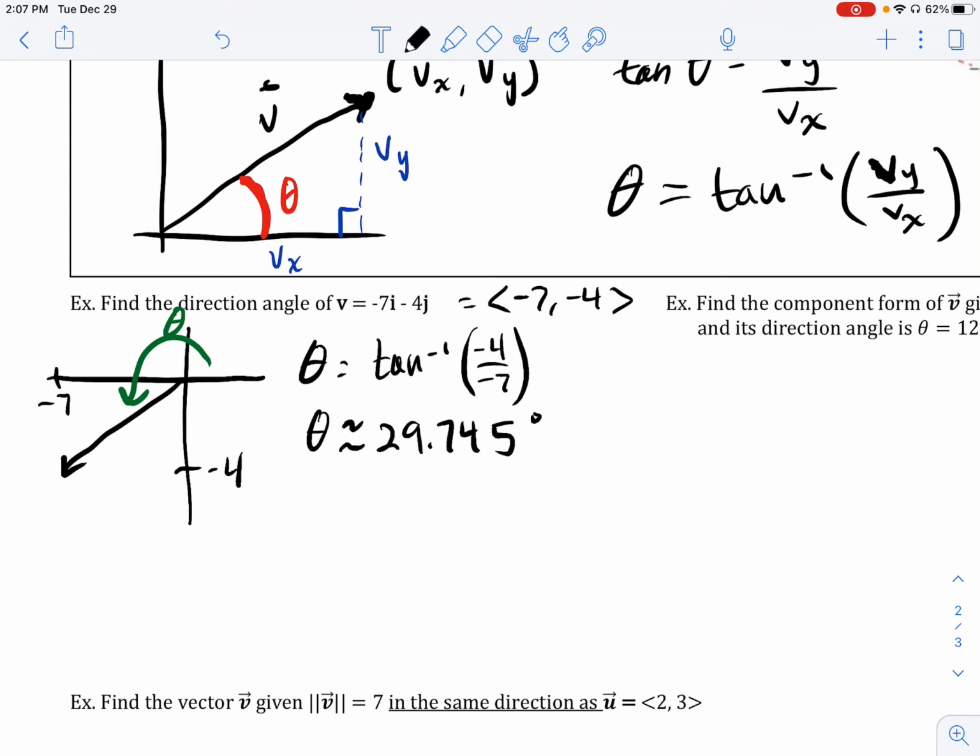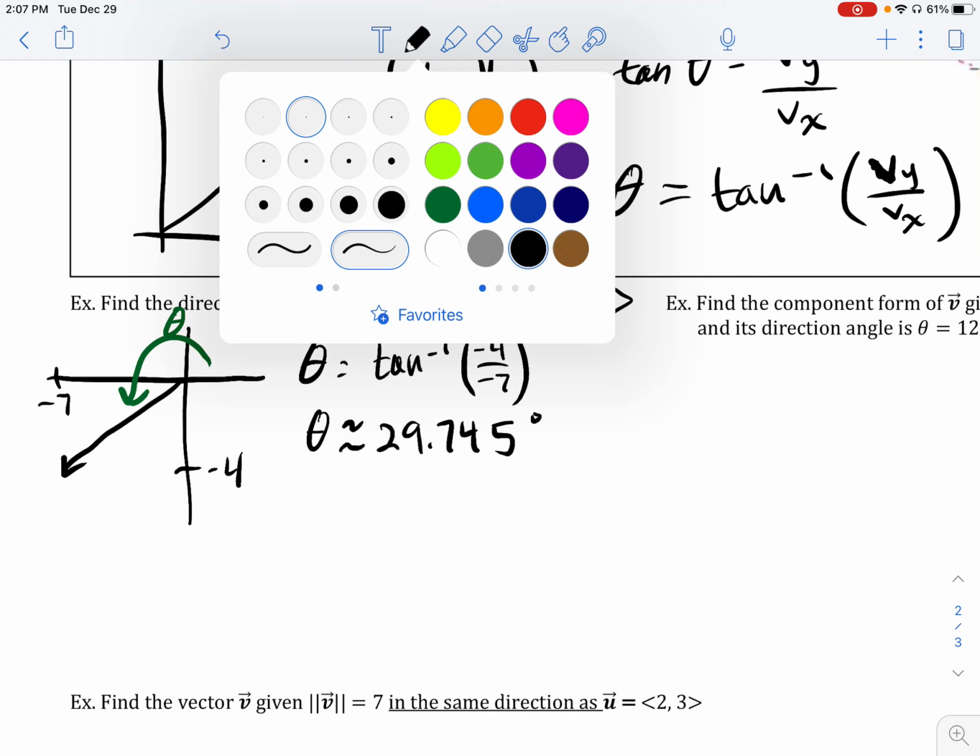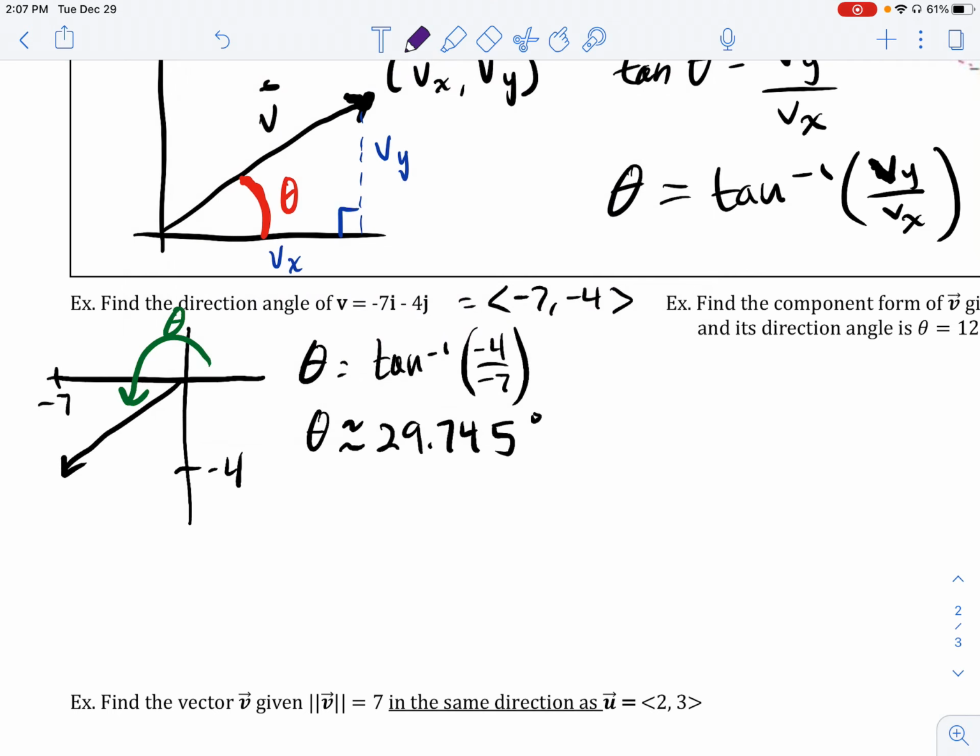So what does this 29.74 represent? This gives us our reference angle. In the calculator's mind, it is finding the angle here, taking the tangent of this angle and giving us an output of 4/7.